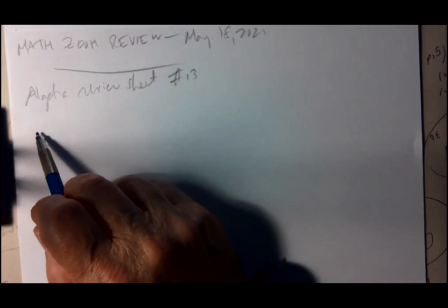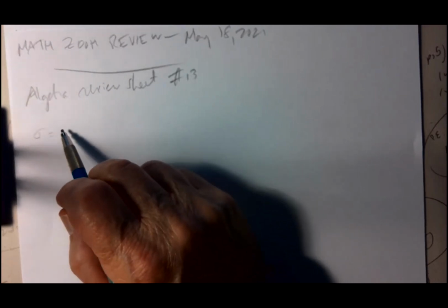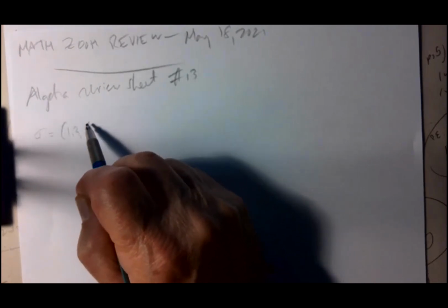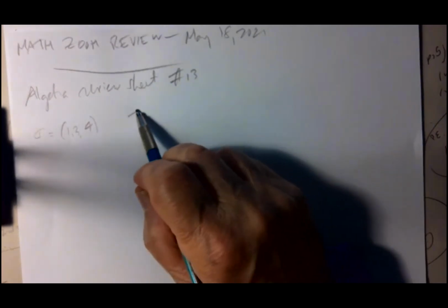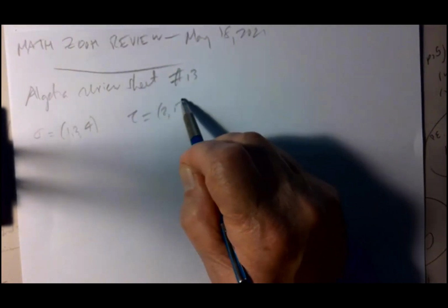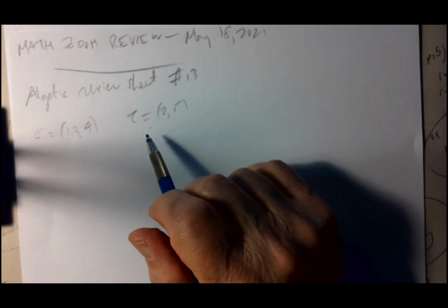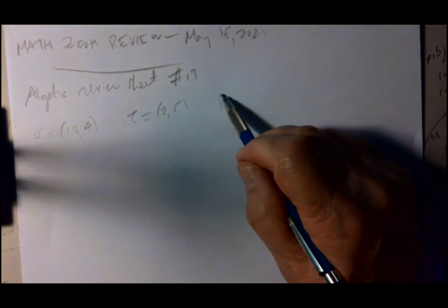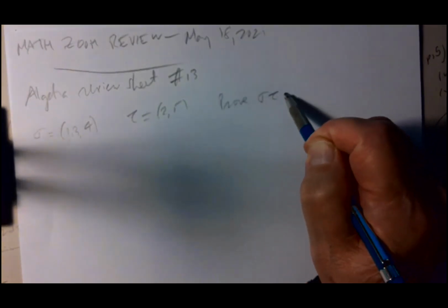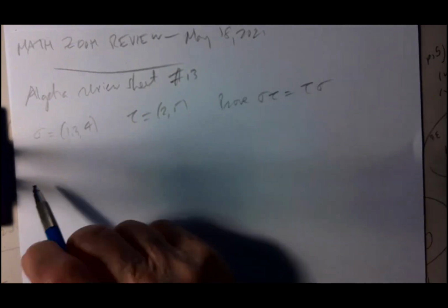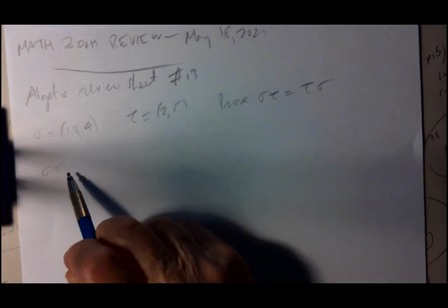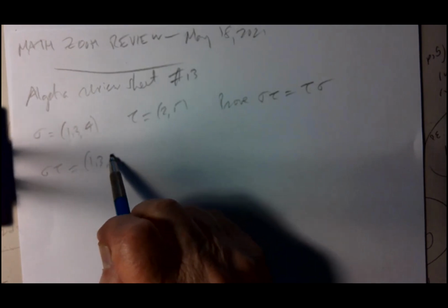So we have the permutation sigma (1, 3, 4), and the permutation tau, which is (2, 5). And we want to prove sigma tau equals tau sigma. So you can just do the calculation.